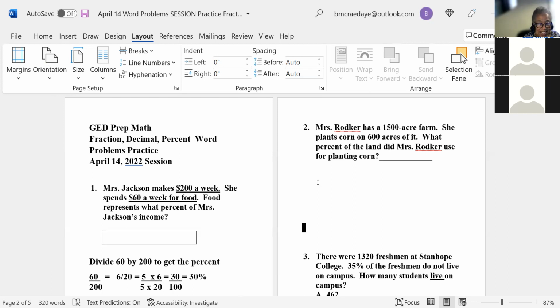Okay, so you can't use 5. You gotta use 20. 20 times 2 equals 40, and 20 times 5 gives you 100. So you get 40 over 100. That's what percent? So the percent is 40%. That's it. You got it.